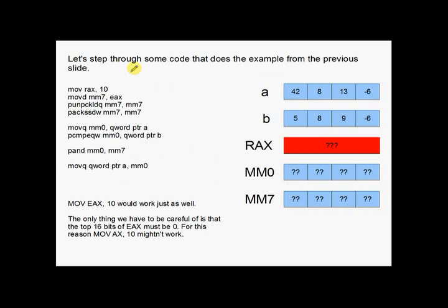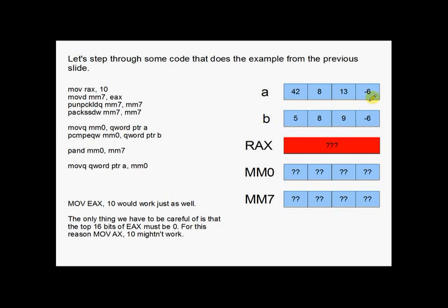Let's have a look. Okay, here's my code just here, and down here I've got some notes about what each line does as we step through. Over here I've got my 2 arrays at the top, A and B, 4 words each.